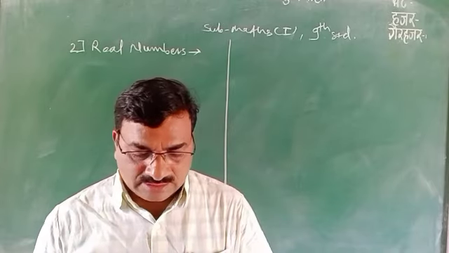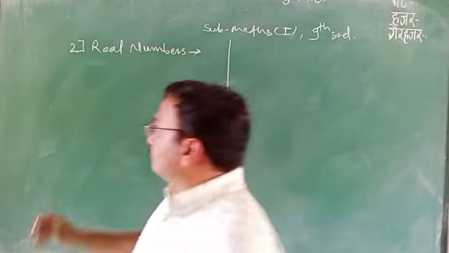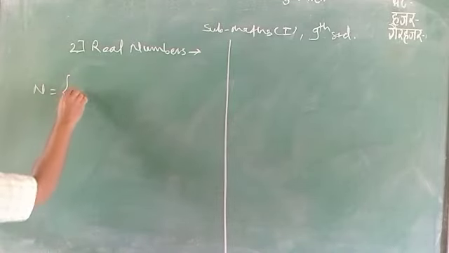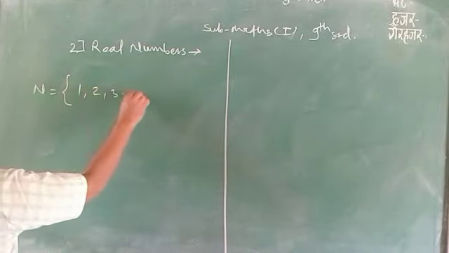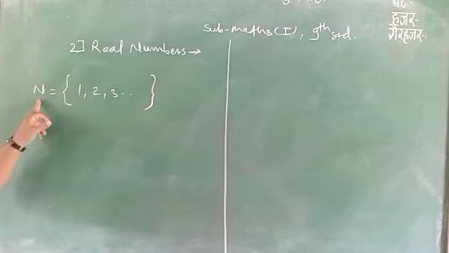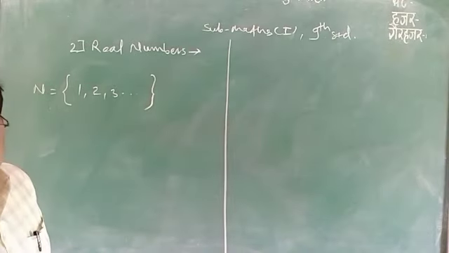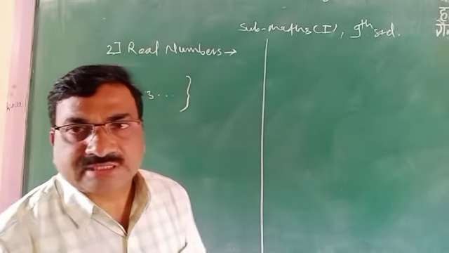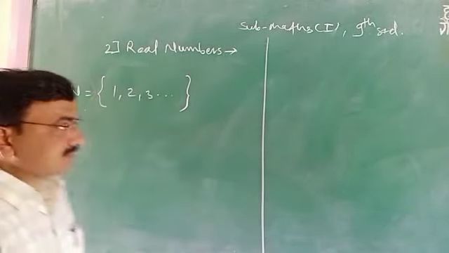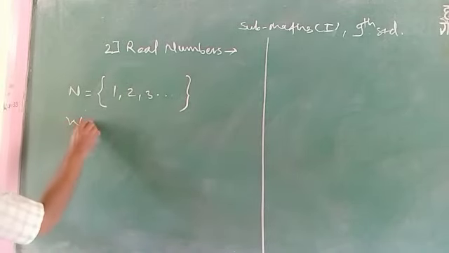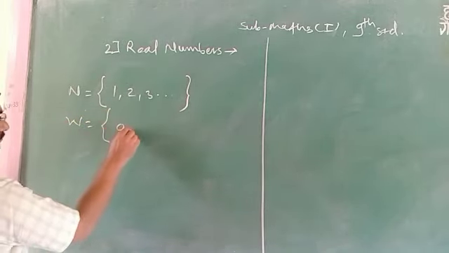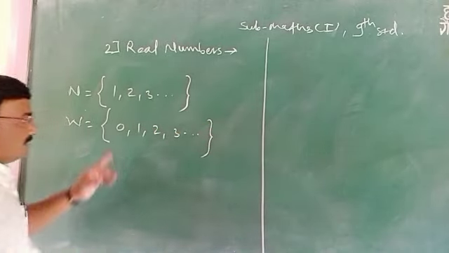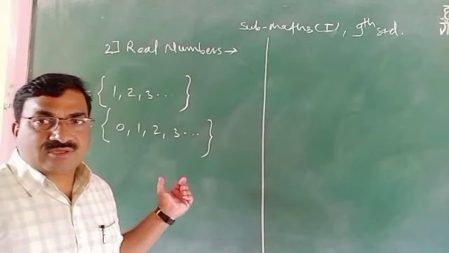For example, the set of natural numbers, and so on. Then the set of whole numbers, and so on. That is, 0 is included in this set of whole numbers.